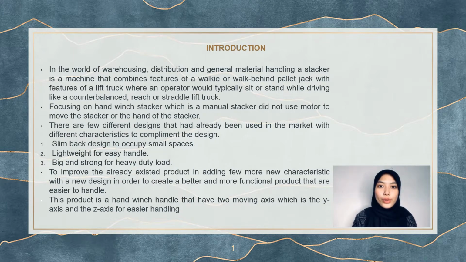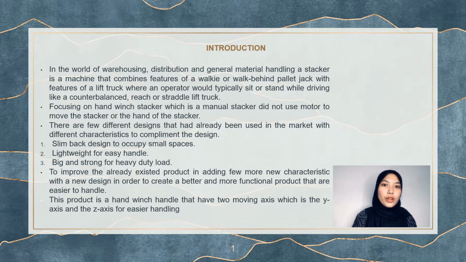There are a few different designs that had already been used in the market with different characteristics to complement the design. First, slim back design to occupy small spaces. Second, lightweight for easy handle. Third, big and strong for heavy duty load.